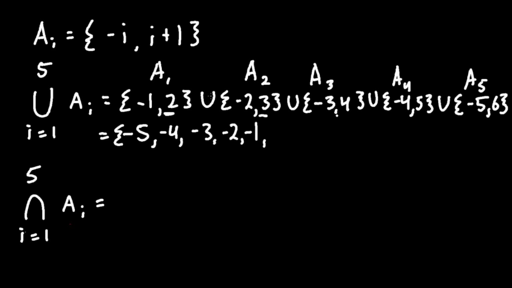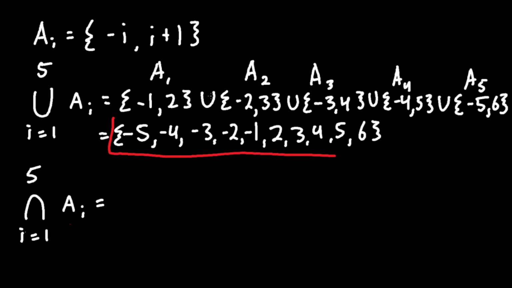And we have 2, 3, 4, 5, and 6. This is the union of the sets A of i from i equal to 1 to 5. Let's put it in a box, because this one is special.